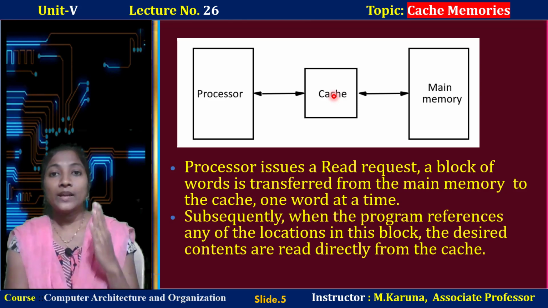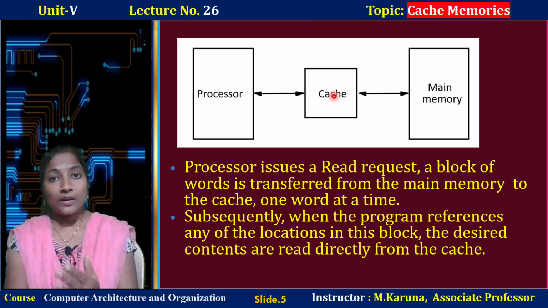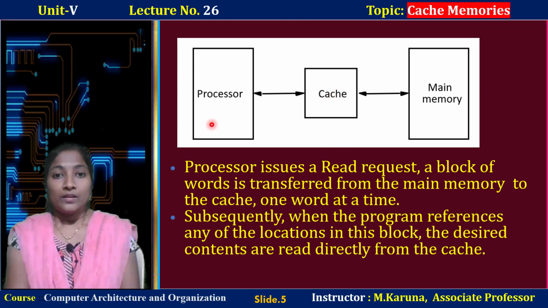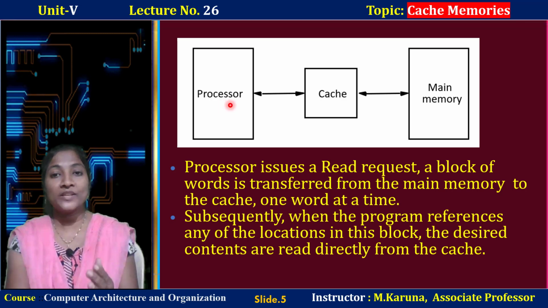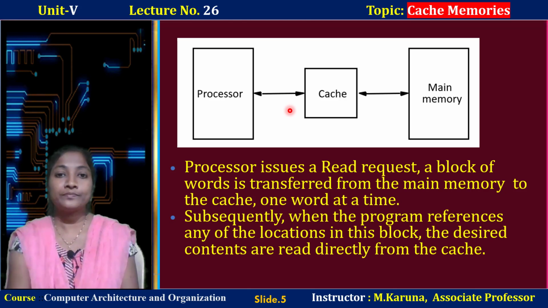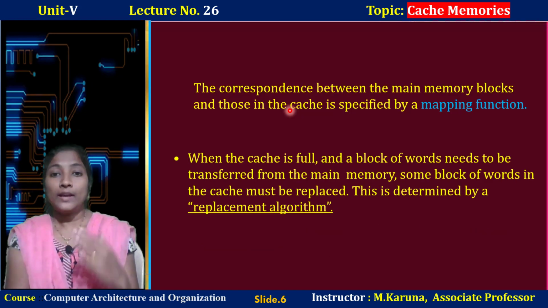The execution time of instructions which are to be executed repeatedly may be reduced, because the processor can access the information from the cache more quickly than from the main memory. Automatically the system performance can be improved.